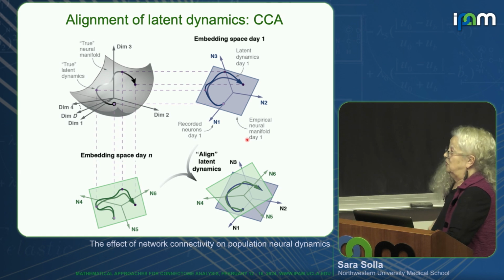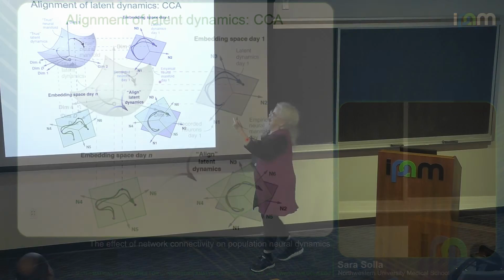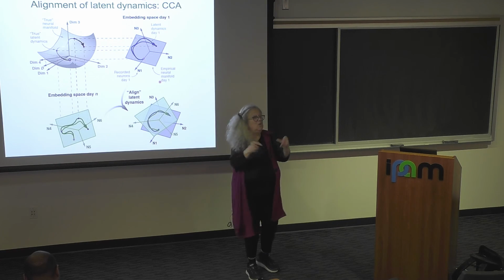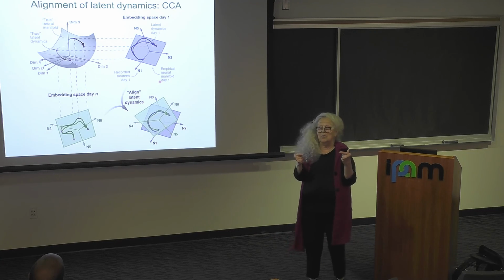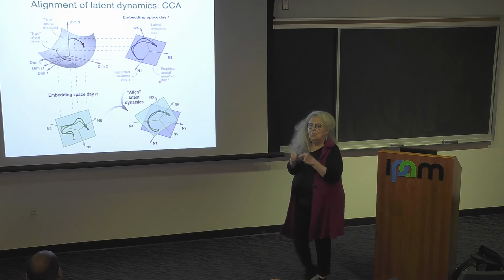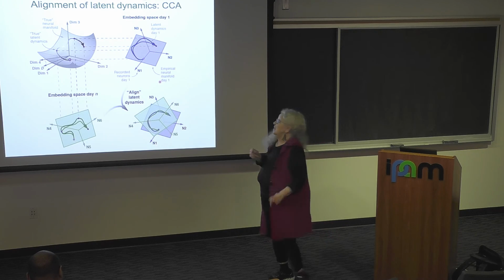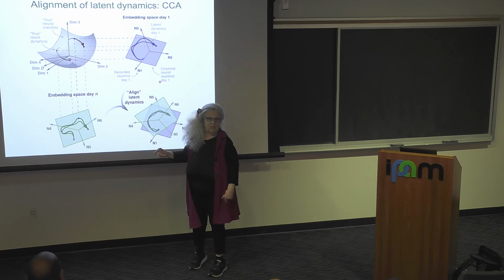And so this was our picture. Our picture is that there is a mother neural space which has many, many dimensions. That's the one at the top left. In that mother neural space, there is a neural manifold that corresponds to this task, and there are trajectories that correspond to this task. So the first thing we do is we project into our empirical neural space. And that projection is not the same on day 1 as on day n, because we're measuring different units.